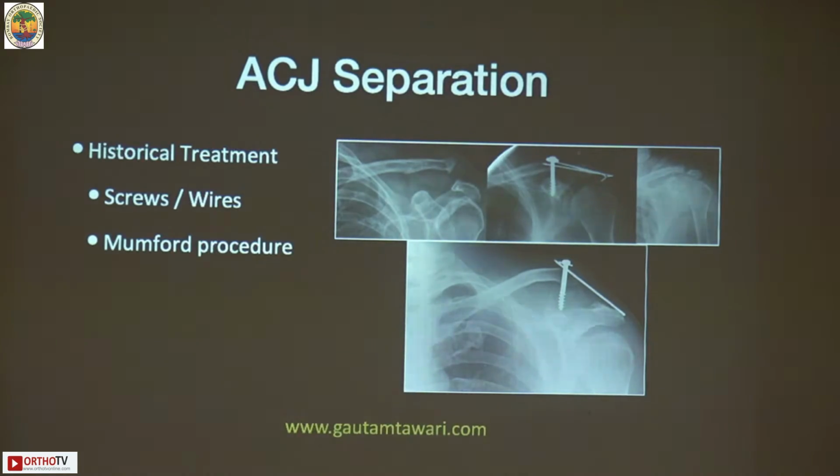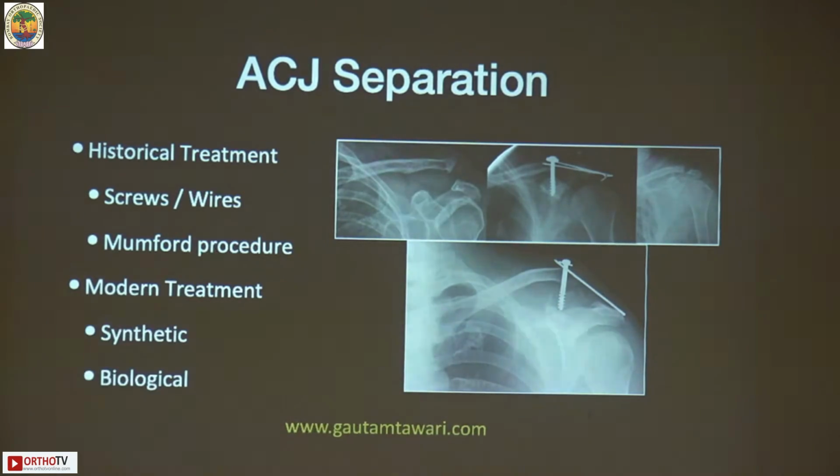We would end up doing a Mumford procedure then because the lateral end of the clavicle hurts. Modern treatment, we have started using either synthetic material to bring back the acromioclavicular joint, or we can use biological, which is a semitendinosus or a fascia lata or a gracilis graft to bring the acromioclavicular joint back. All we're doing is trying to reconstruct the coracoclavicular ligaments, which are the conoid and the trapezoid.